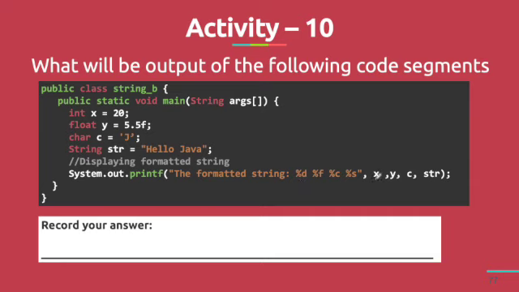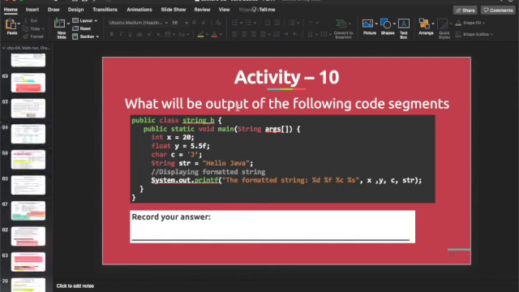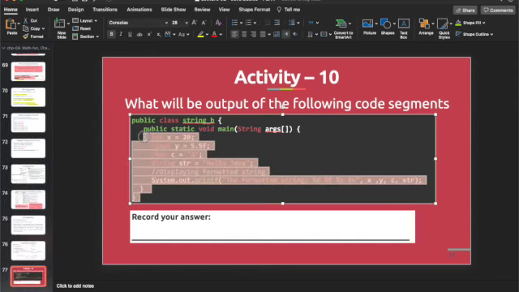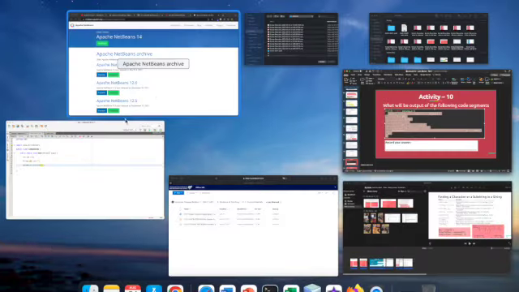So here it is expecting a decimal number, so it expects x to be the first decimal, f to be the float, and then c, which is the character, and then s will be the string. So this will print the formatted string in this way. So we can see this in NetBeans.